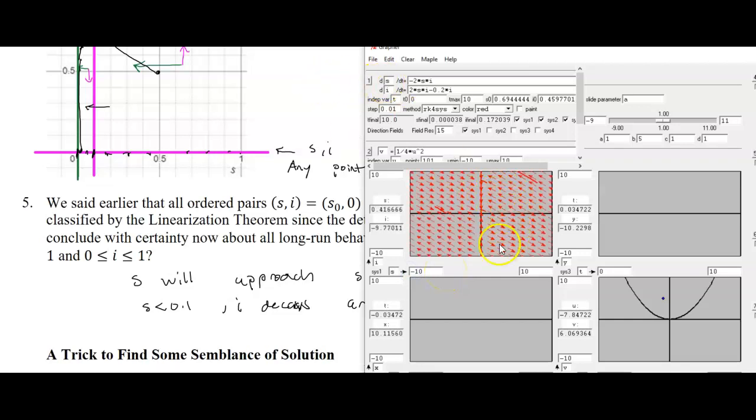So there we go. And here we'll also do, we want this to be I versus time, and we want this to be S versus time.